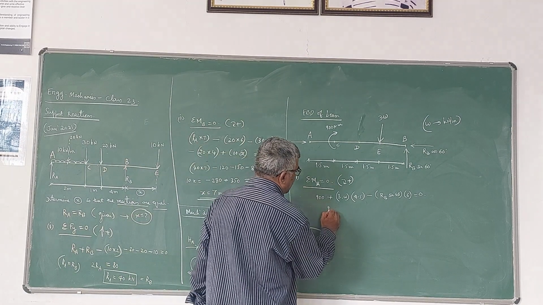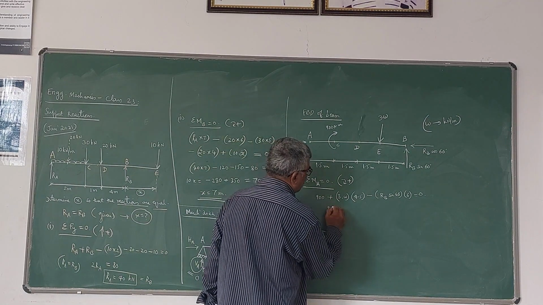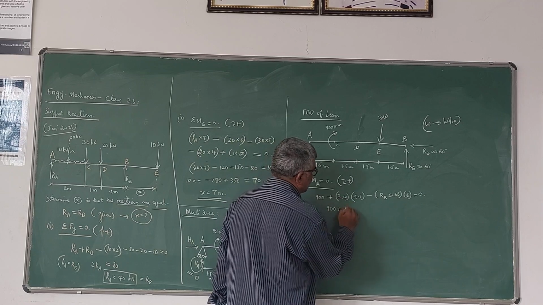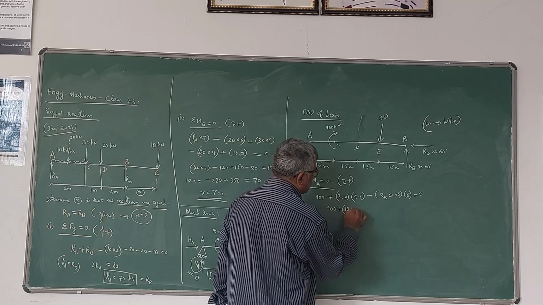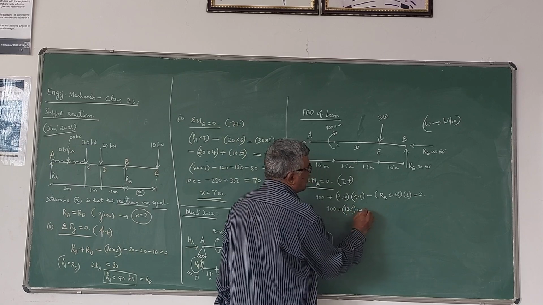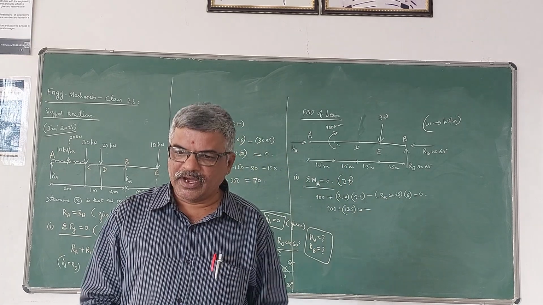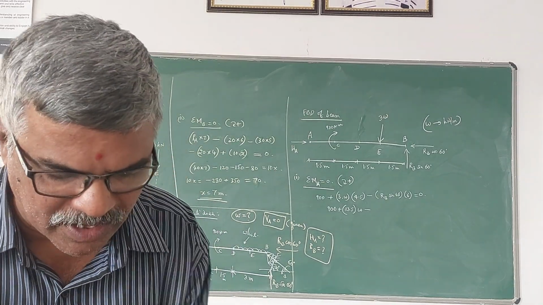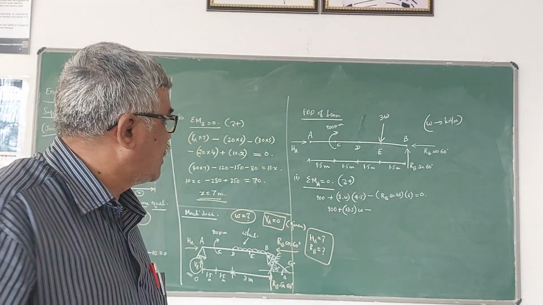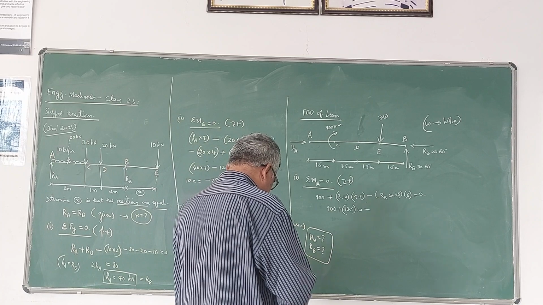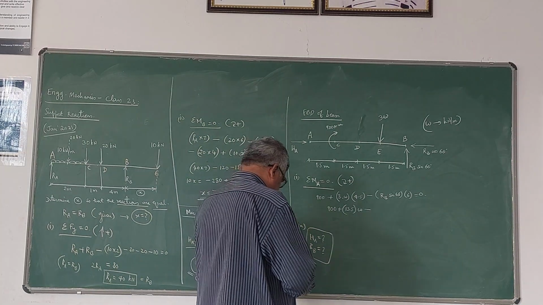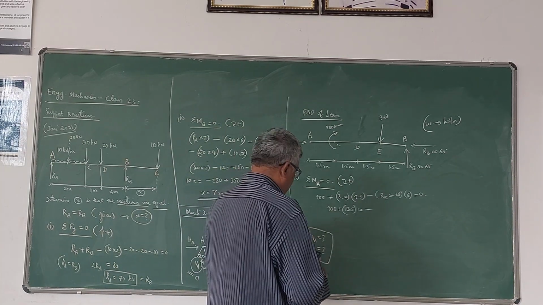It becomes 900 plus 4.5 into 3, that is 13.5 times W, minus sin 60 into 6 into RB.